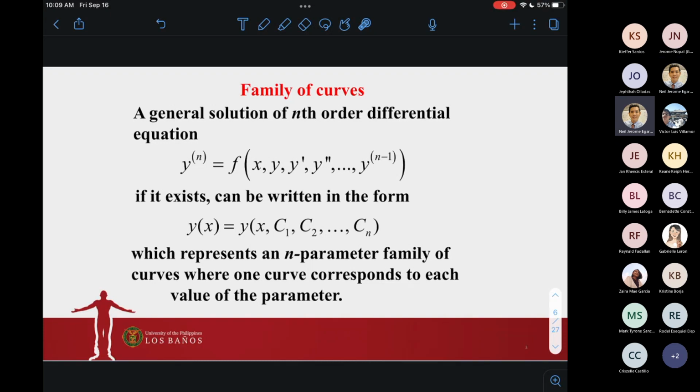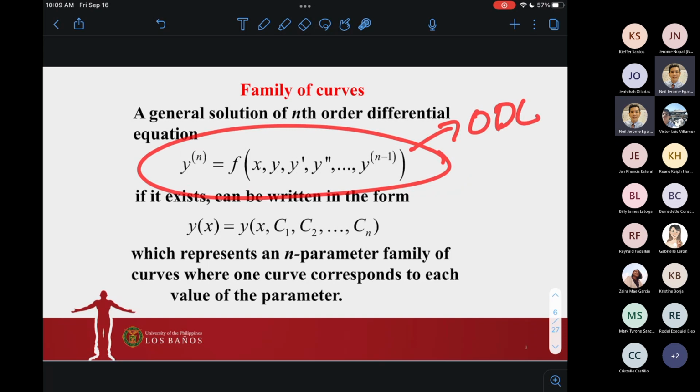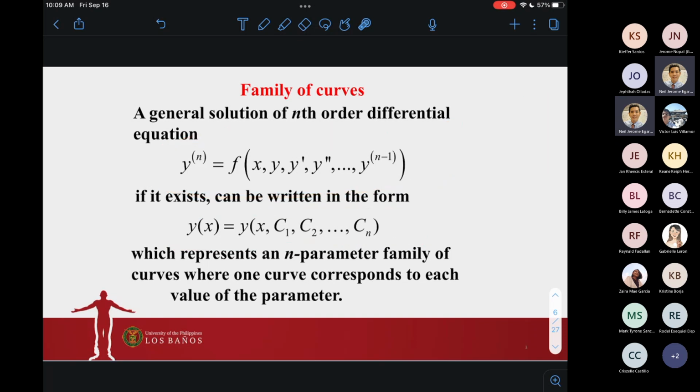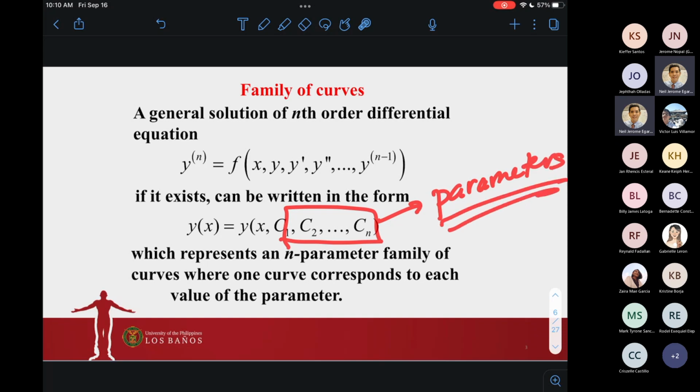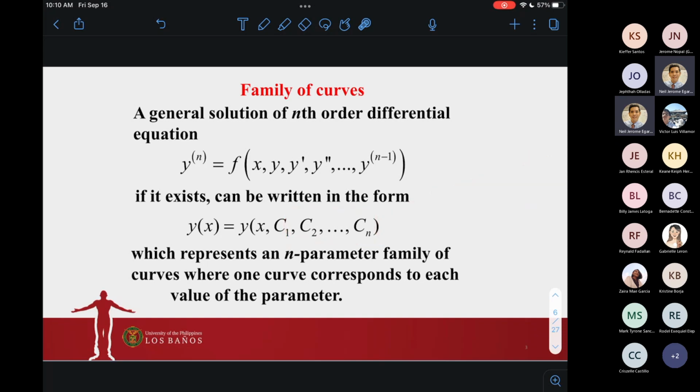So, a general solution to an nth order differential equation in explicit form. Ito yung ODE natin. Kung meron siyang solution, pwede raw natin siyang isulat in this form: y of x equals a function y in terms of n parameters. So si C1, si C2, hanggang si Cn ay mga parameters representing specific numbers.